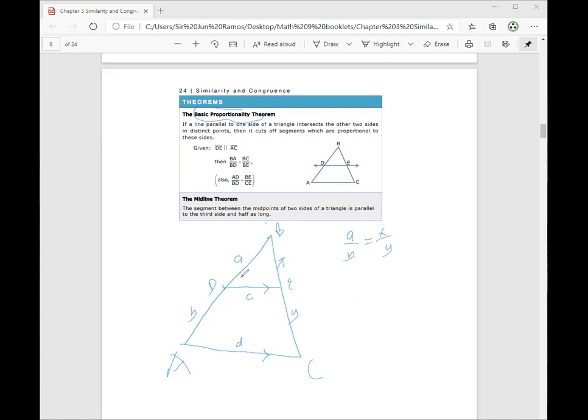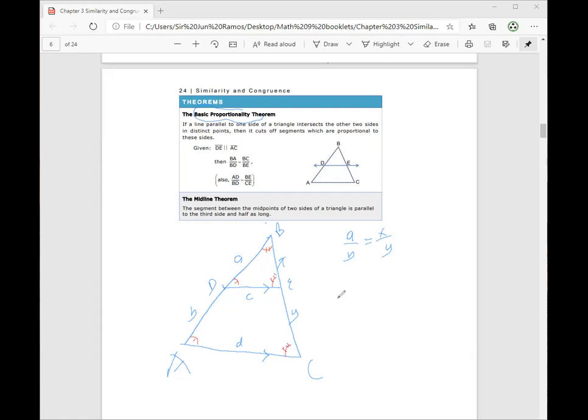Now, we know that if this is parallel to this, what happens is this angle here will be congruent to this. They are corresponding angles of parallel lines. And this angle will be congruent to itself. And this angle here will be congruent to this angle there.